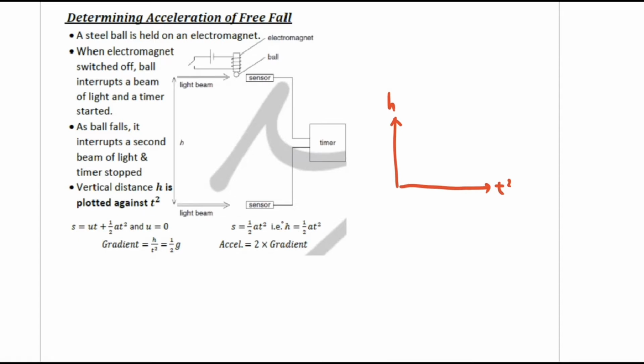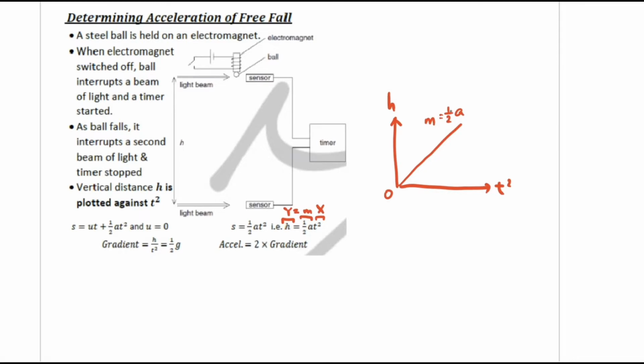From here, we know that this is the y-axis, this is the gradient, and this is the x-axis. So we get the equation y equals mx, which is a straight line from the origin. So you should expect your graph to be a straight line from the origin. If you count the gradient, it is equal to 1 over 2a.